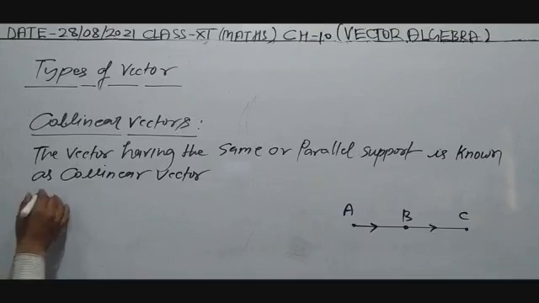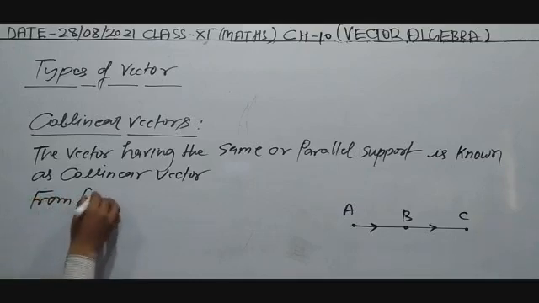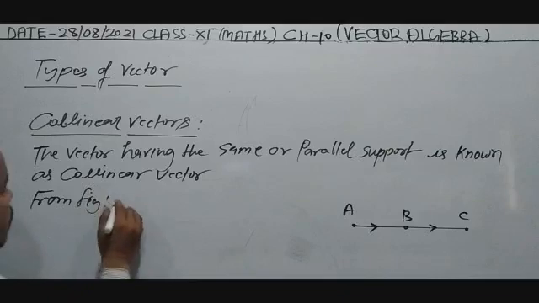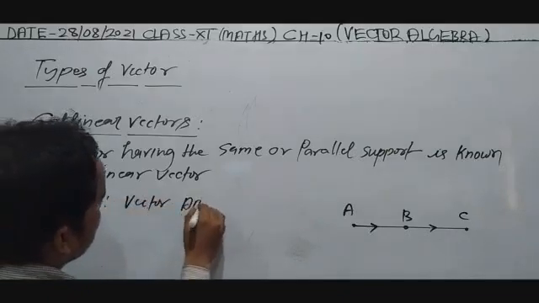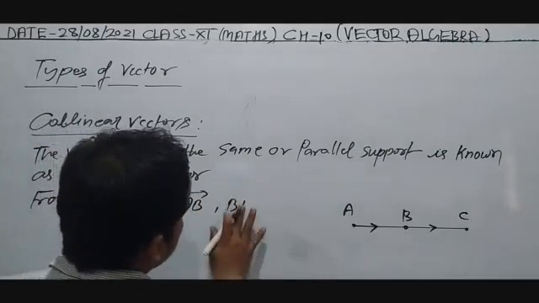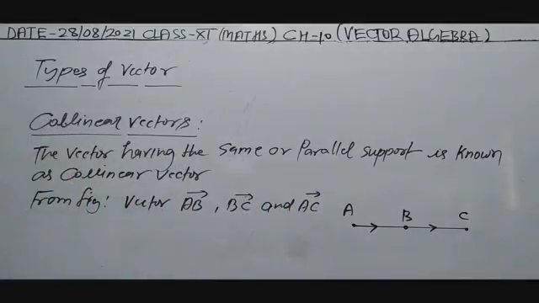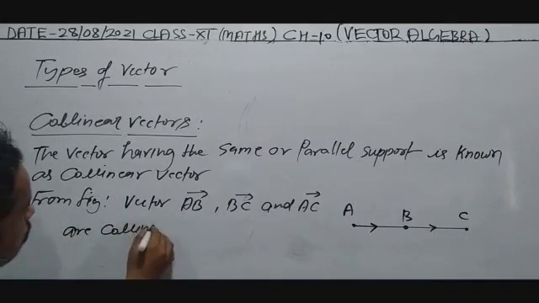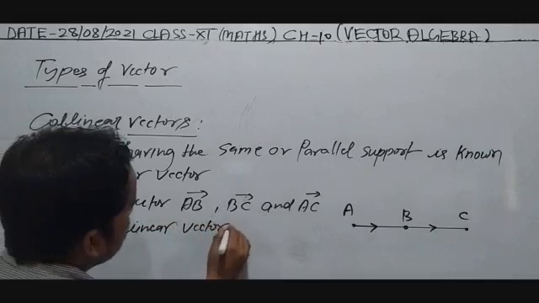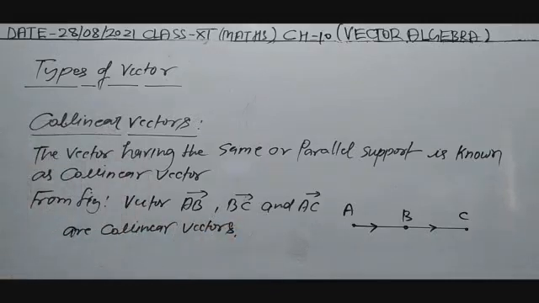So from the figure it is clear that vector AB, vector BC and vector AC are collinear vectors, because they are lying in the same line, same parallel, same support. This is known as collinear vectors.